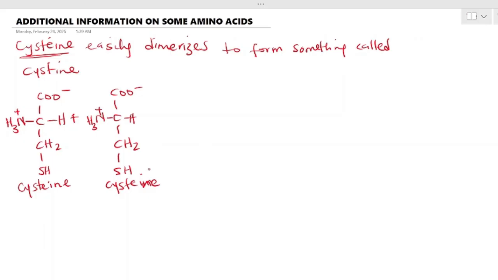Good. So the cysteine undergoes a reaction. It is actually an equilibrium reaction, a forward and a reverse reaction.